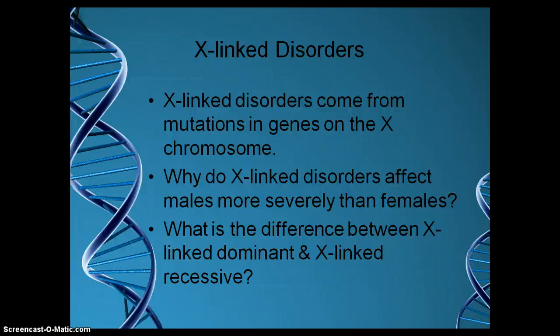Because females have two X chromosomes, meaning they have a backup. Even if one of the X chromosomes is mutated, they still have another X that's a backup. And so more often than not, the normal gene will compensate for the mutated gene. Males, unfortunately, only have an X and a Y, and so if the X is affected and mutated, they have no backup. They only have a Y, and therefore they will be more symptomatic than women.